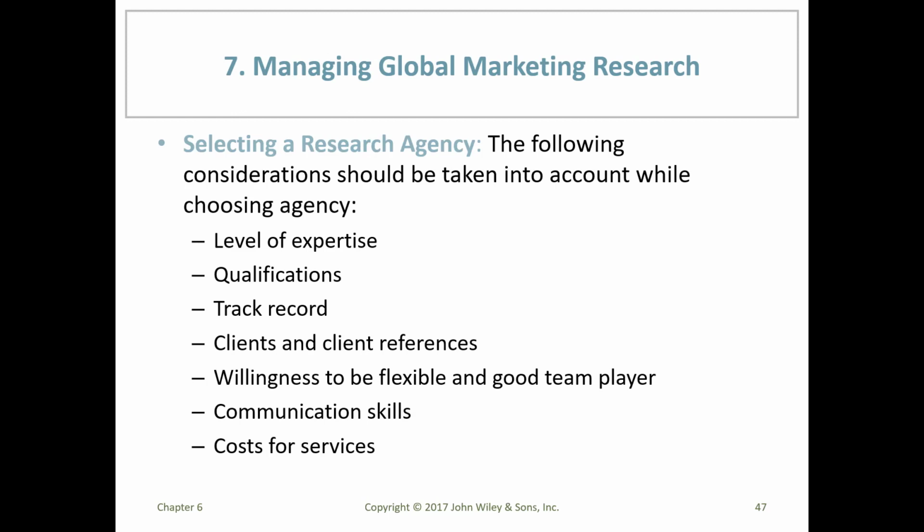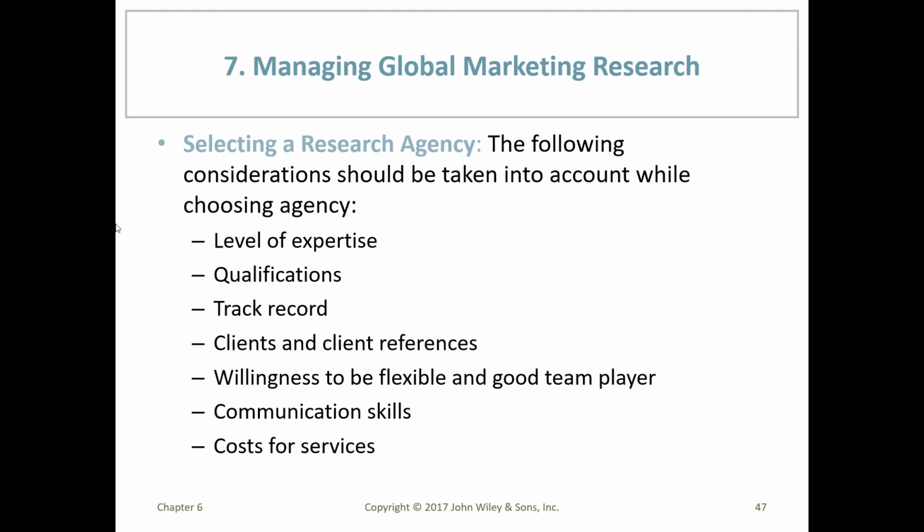Okay, so this is like the most common sense thing ever, how to select a marketing research agency. If I'm say moving into the Japanese market, quite a culturally specific market, so I decide I need a marketing research agency, a local marketing research agency. I want them to have a high level of expertise, maybe particularly working with foreign clients.